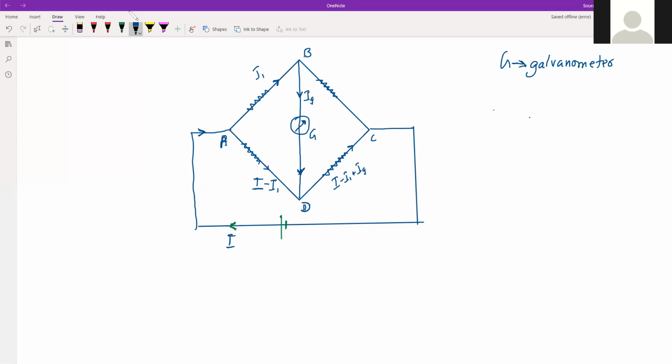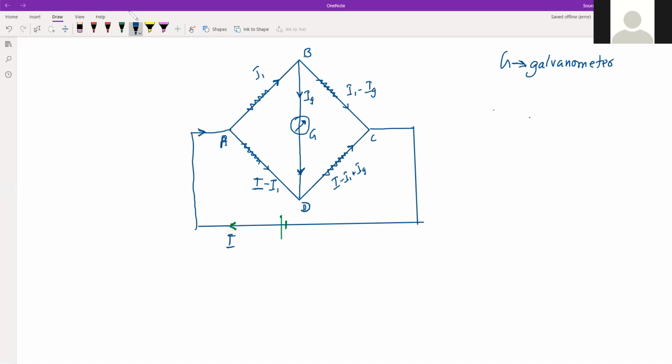Now what will happen from B to C? The current coming to junction B was I1, and from that IG has gone. So the current here is I1 minus IG.